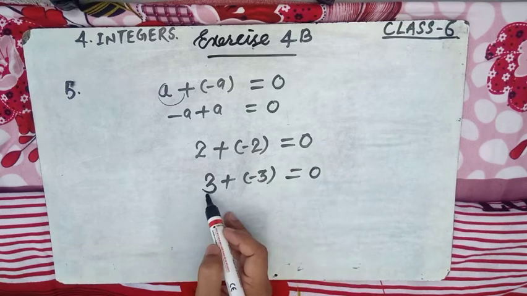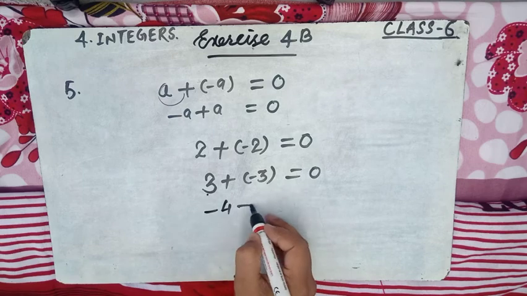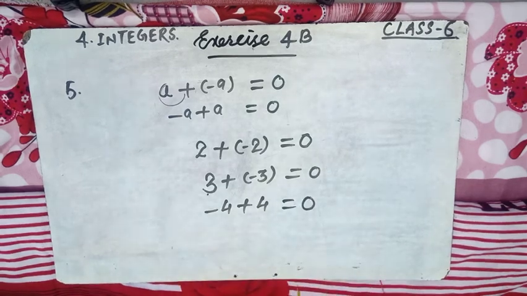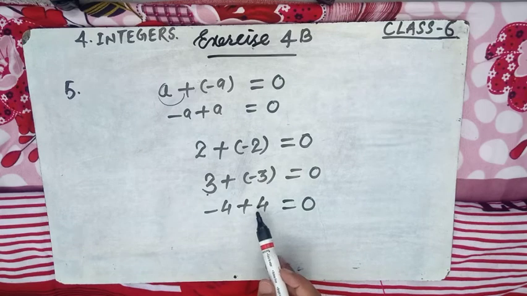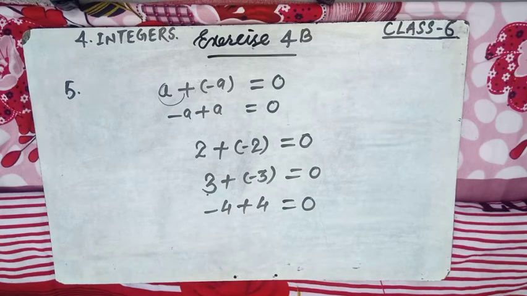That means 3 plus minus 3 is equal to 0, or 4 plus minus 4 is equal to 0. The sum of two integers, one positive and the other negative, becomes 0. I hope you will understand.